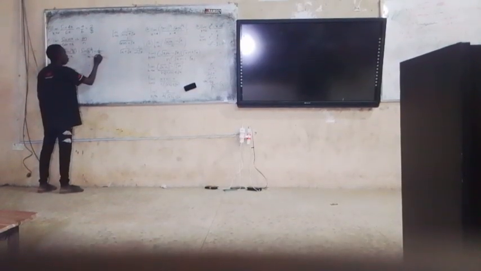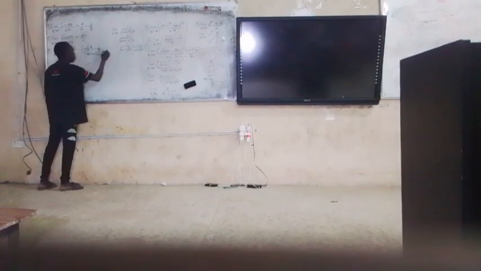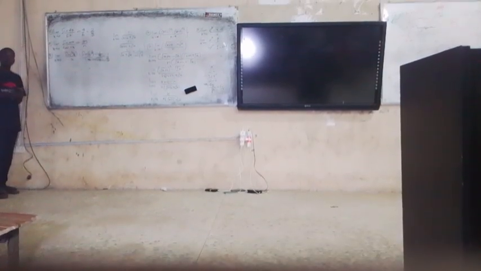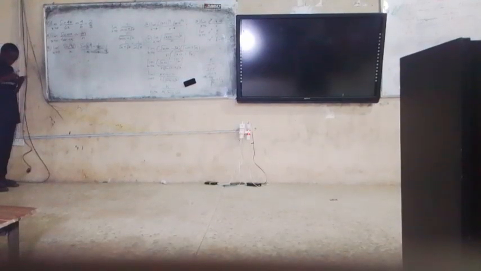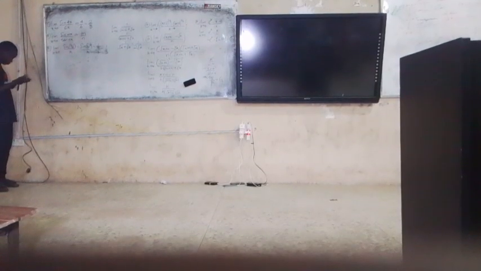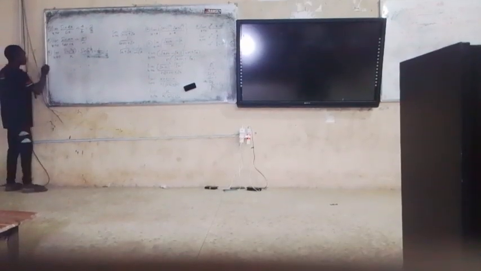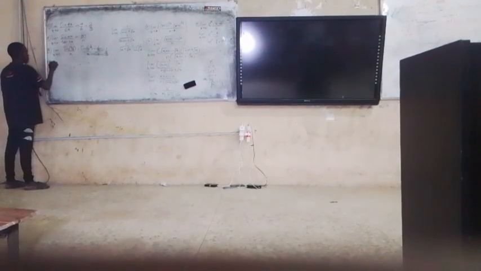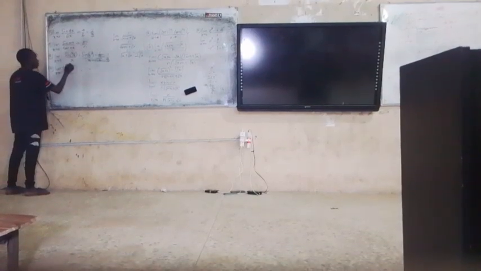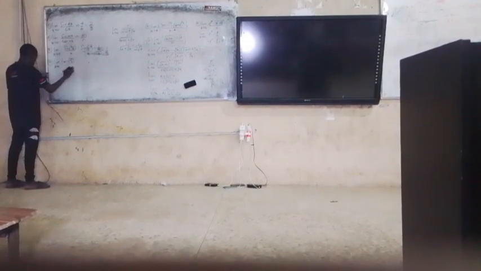Next one. Sin of x all over 2 all over 3x. Right, so that you can have your linear form. Yes, it's 1 over 4.